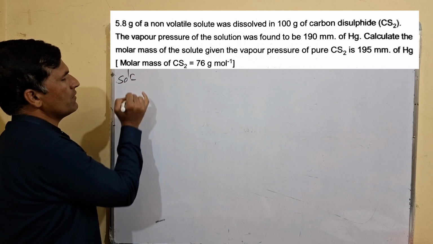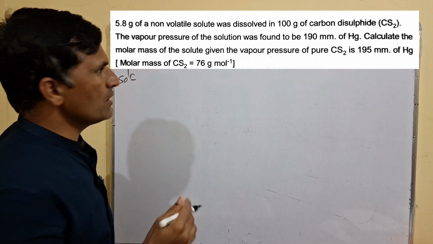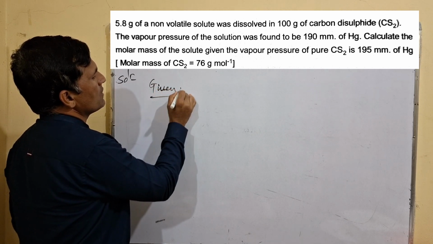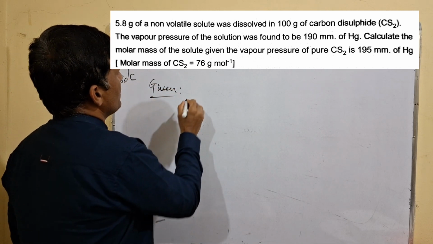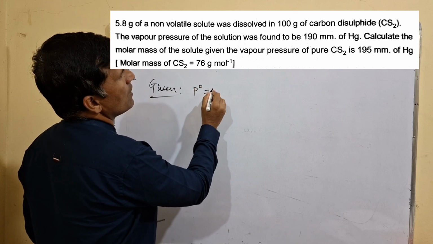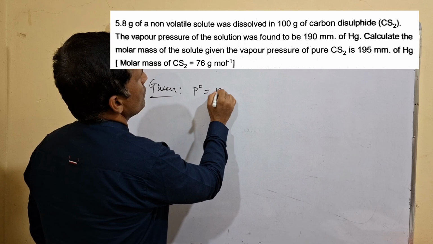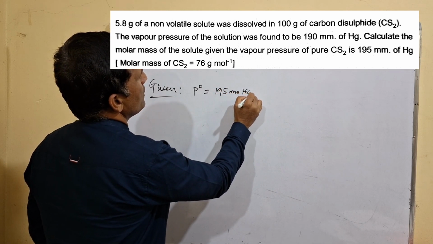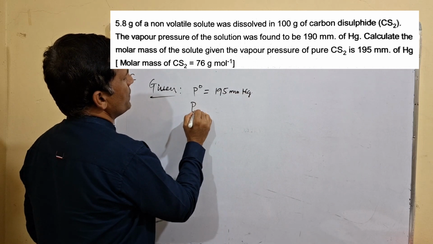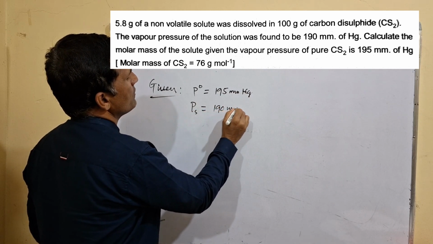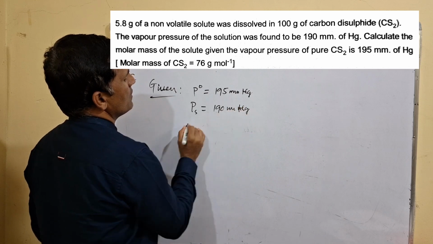I will put it into the formula just to solve the problem. Given quantities, let us write. The first one is P naught, the vapor pressure of the pure solvent, which is 195 mmHg. PS, the vapor pressure of the solution, is 190 mmHg.